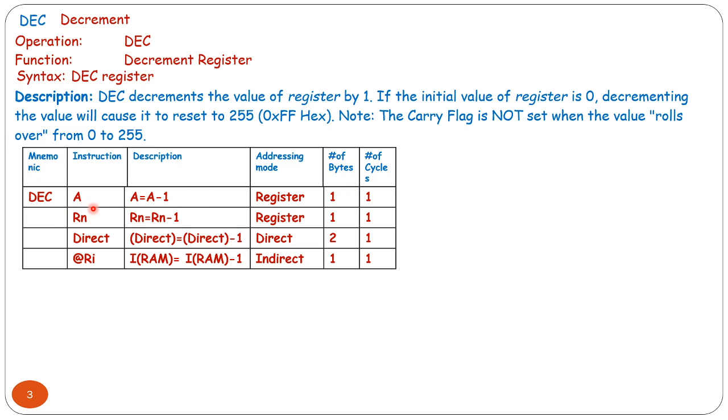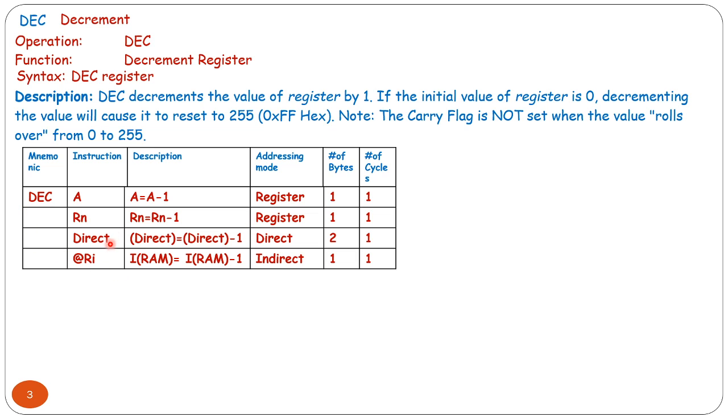Decrement A: the content of accumulator will be decremented by 1 and the result is stored in accumulator register, register addressing. Decrement Rn: the content of Rn, that is a general purpose register whose value is between R0 to R7, is decremented by 1 and the result is stored in Rn, register addressing.